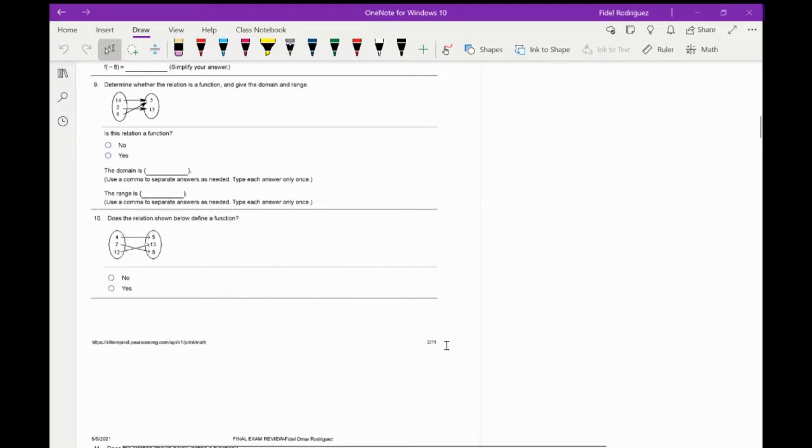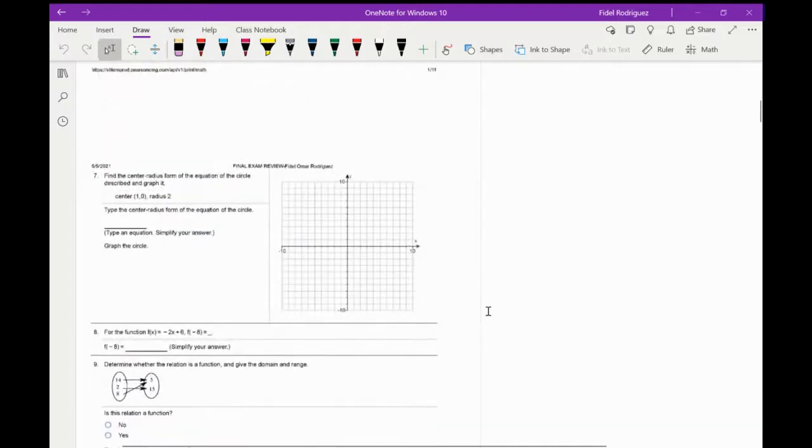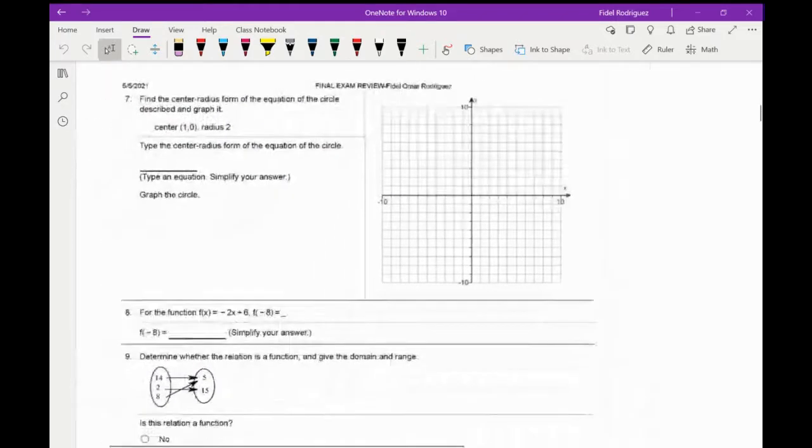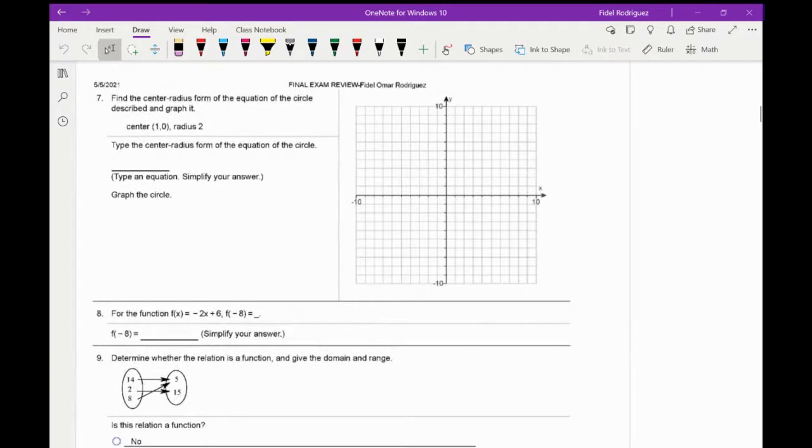Number 7. Okay, so let's go back and do number 7. Number 7 says, find the center radius form of the equation of a circle described and then graph it. Excellent question.